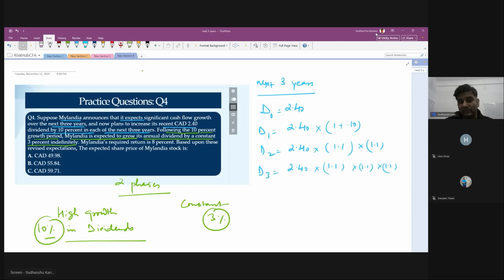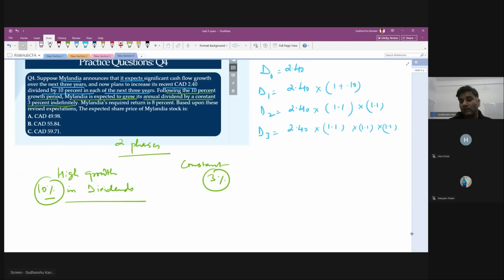The twist here is that for the first 3 years you have a certain kind of dividend, and after 3 years you have some other kind of dividend. So if you put it very simply, for the first 3 years you calculate the values.